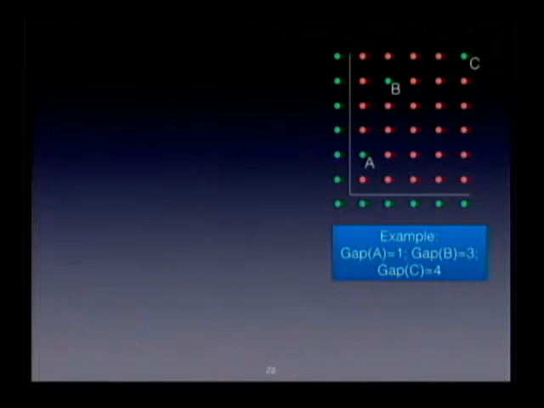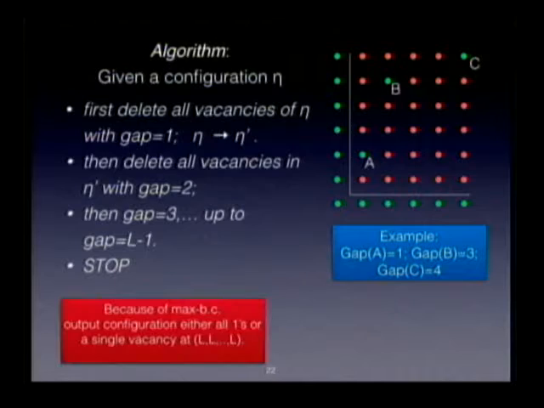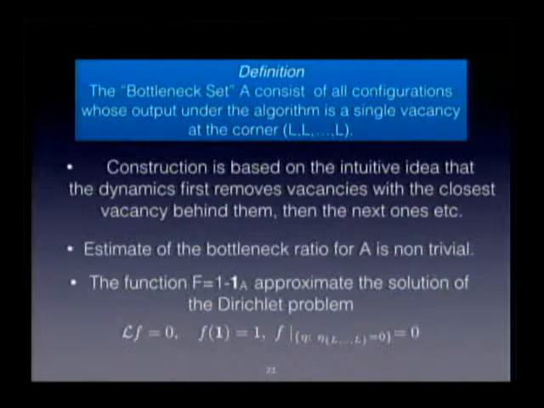So the first one to be eliminated should be A, because it has the closest distance to another green guy. Then you should eliminate B, then C, right? This is more or less the idea behind this construction. And of course, the estimate of the bottleneck ratio is highly non-trivial because there is a horrible combinatorics behind it, but it comes out just nice.